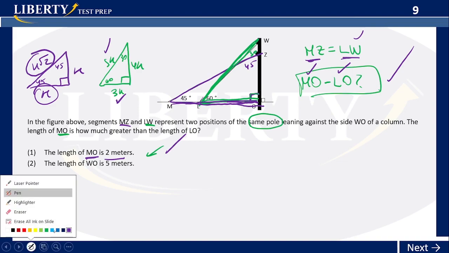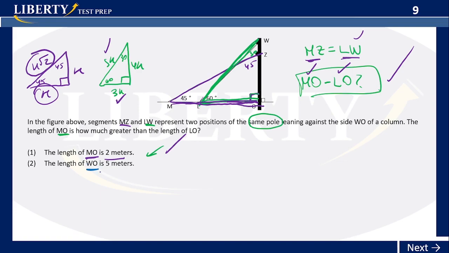Now, number 2. The length of WO. WO would be this length for the green triangle, this one here, is 5 meters. All right, that helps me. Why? Because it's a common triangle, that's 4K. With that, I can get what 3K is, and what 5K is. So with that, I would have LO already. And from that, we will have also the length of LW.